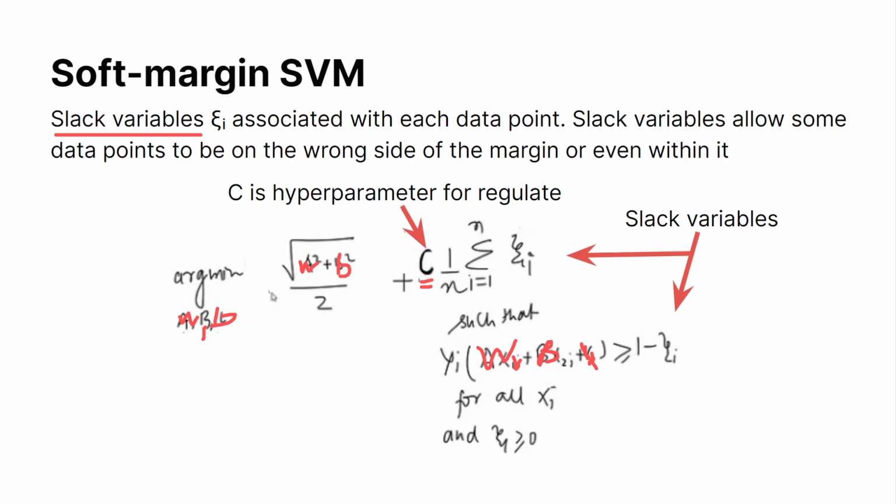So you can see here we have two new types of variables. These are the hyperparameters for our model to regulate. The next one is the slack variable. For every value in the x function, we add the slack variable, and the constraint is a little bit relaxed.